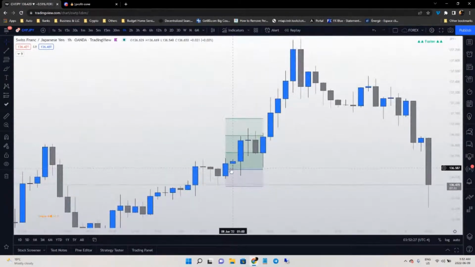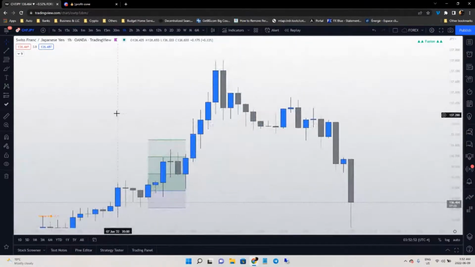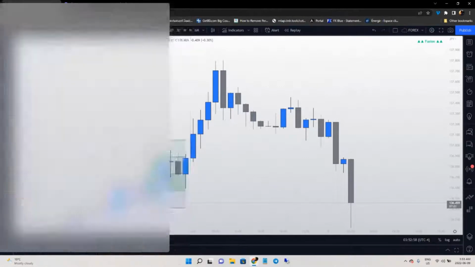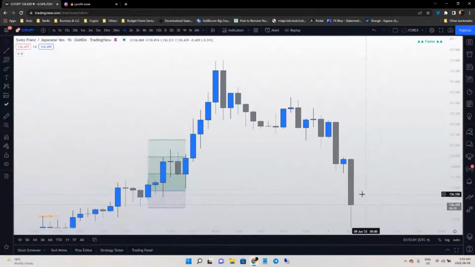It gives you an entry price right here. You put a pending order, and it went against you by only 5 pips, and then it did its thing. Hit TP3, all that good stuff.